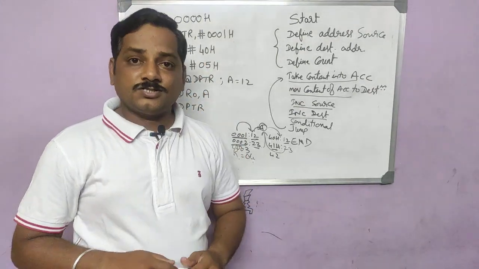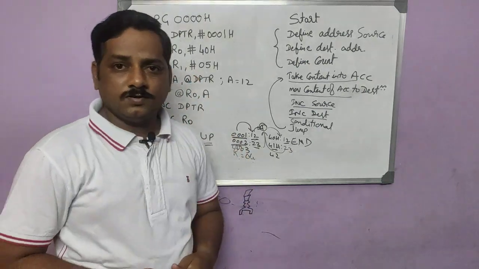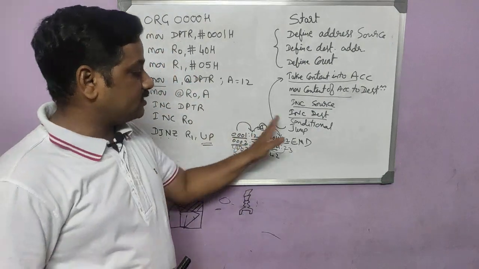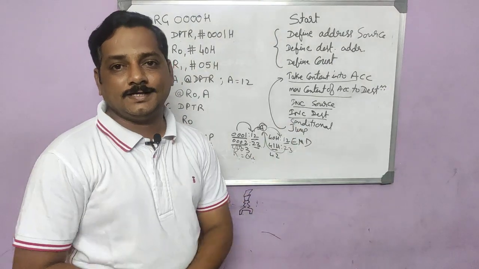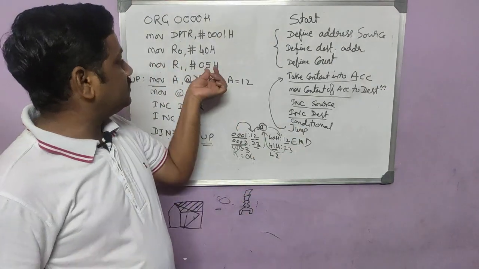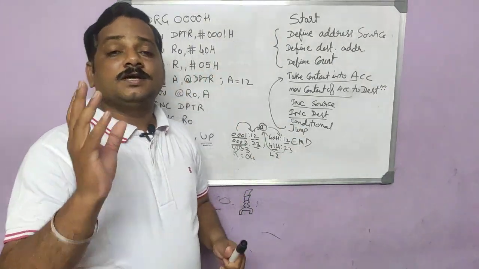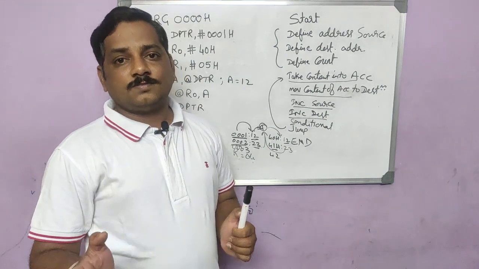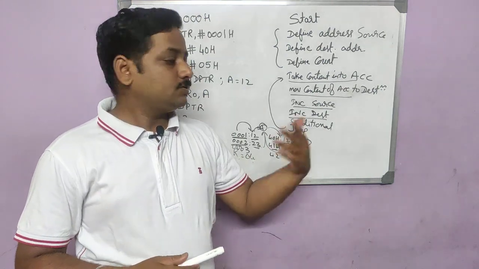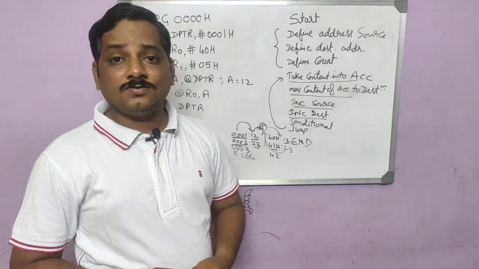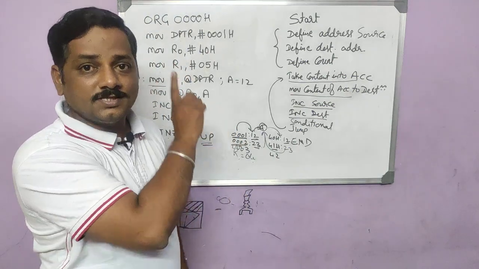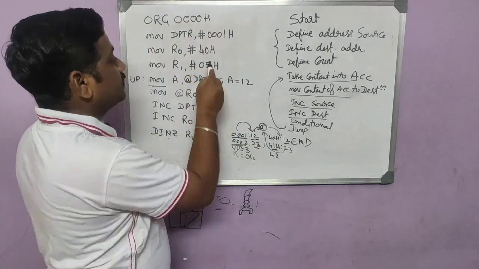So we want 5 data to be moved, so I just took 5. You need to give 5 inputs here so that those 5 inputs will be transferred to 40H. If you want more than that, you can just change it. Say if I say write a program to transfer 10 bytes of data from external to internal, then only one change you need to do, that is this value.